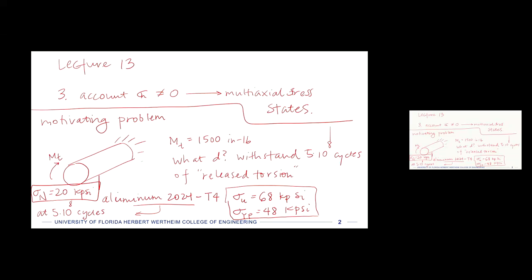Okay, so that's our motivating problem. And so what is the actual issue? Well, we have had normal stresses in the past. And if we were to look at this problem in a static sense, we would say, oh, I'll apply the distortion energy theory, I'll calculate the von Mises stress, compare it to the yield stress, and that will tell me whether I've yielded or not.